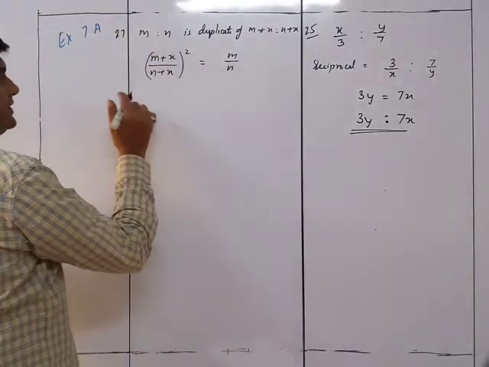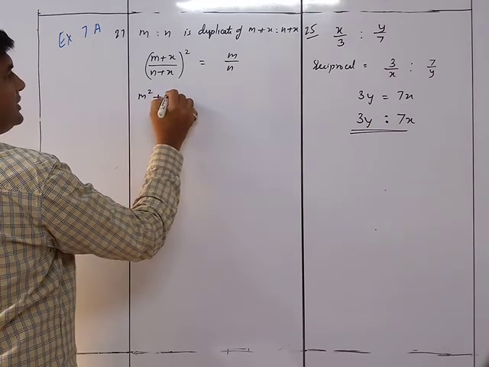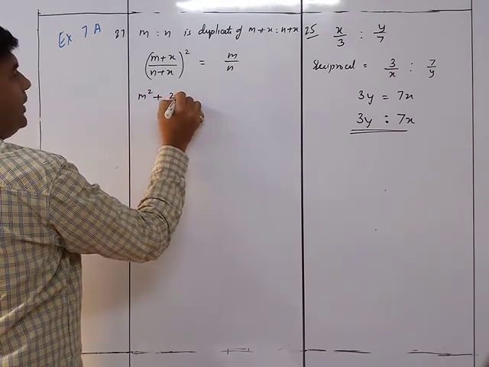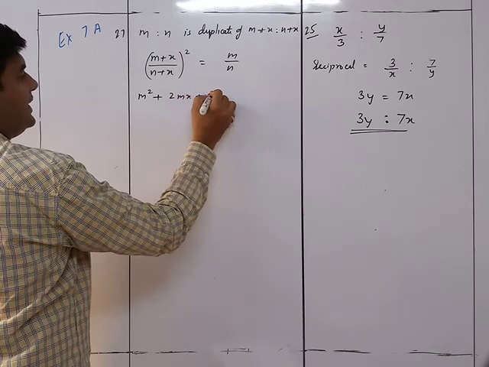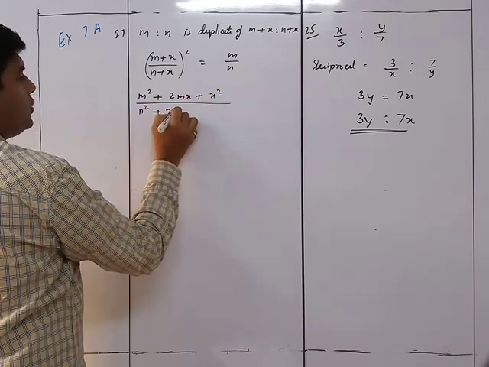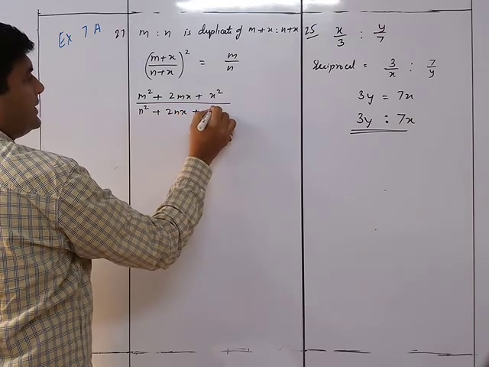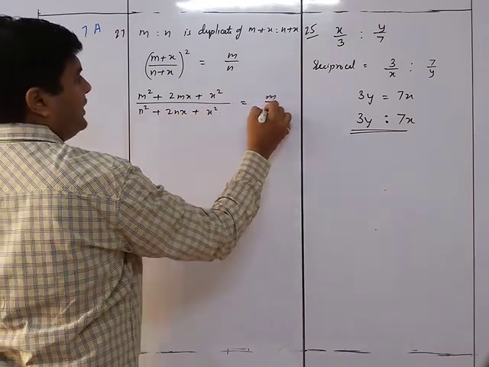So first thing is like this. We have here m square plus 2mx plus x square upon n square plus 2nx plus x square is equal to m upon n.